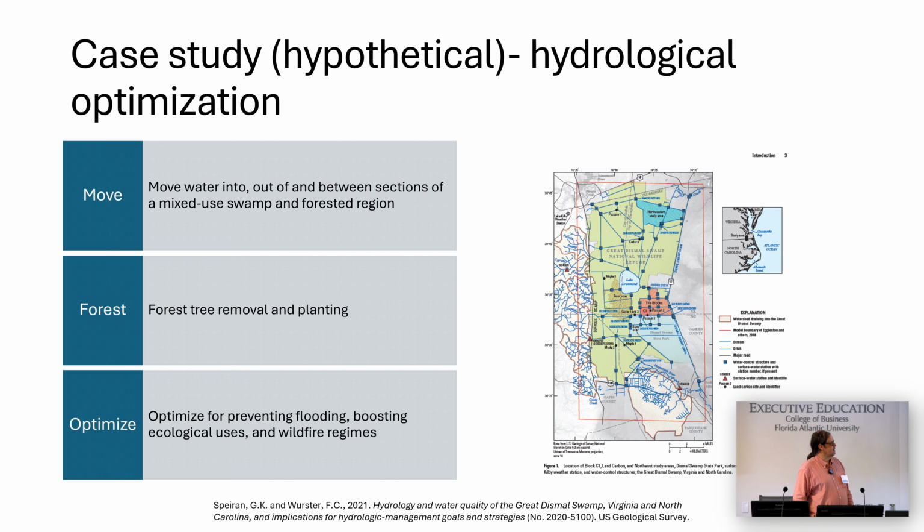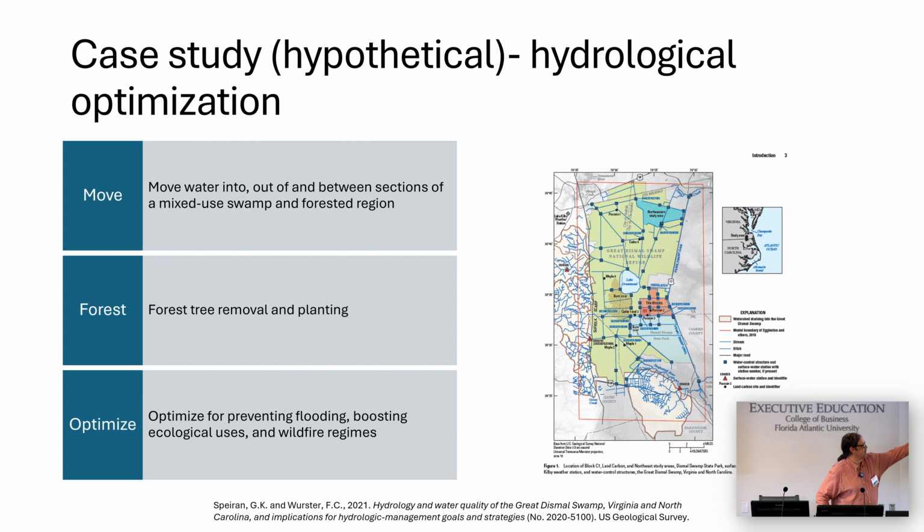And we want to maintain or optimize the water delivery for preventing severe wildfires, as well as for keeping the peat soils hydrated for forests and things. We also want to restore the forests with removals of invasives and planting. And the ultimate goal is optimization for preventing flooding, boosting ecological use, and having better wildfire regimes.